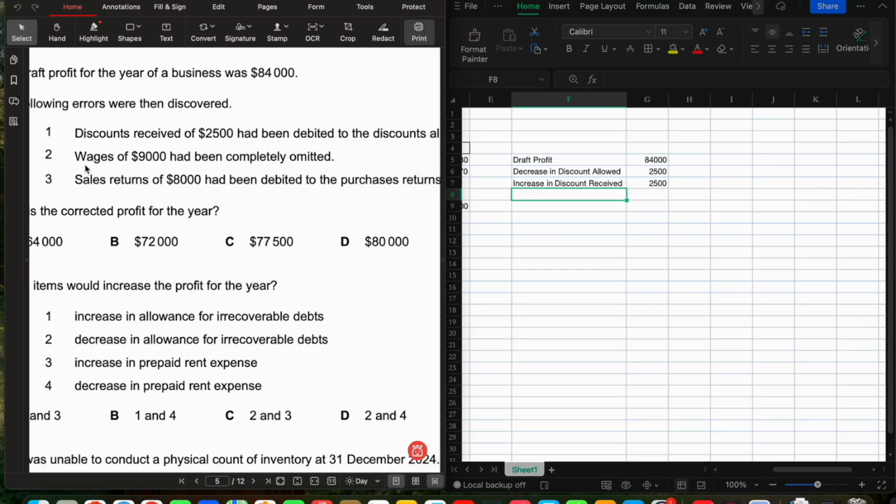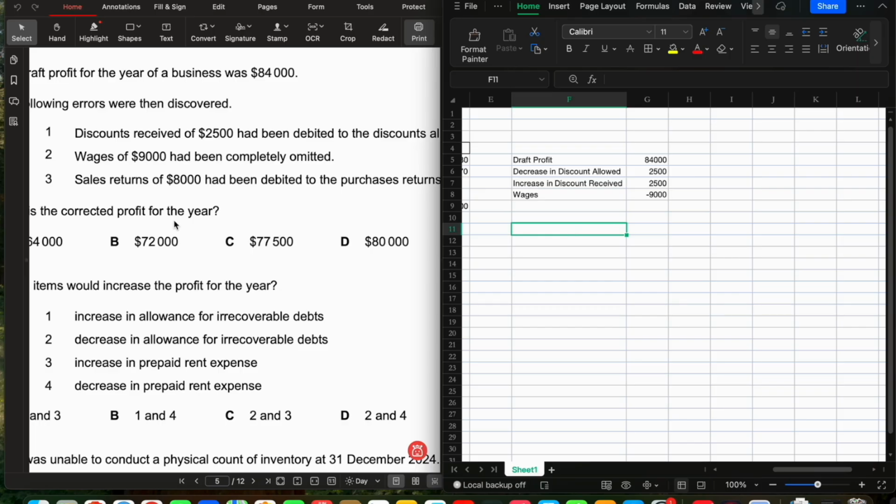Then number 2, the wages of 9,000 have been completely omitted. Wages is an expense, so when we write an expense, my profit decreases. So this is minus 9,000.